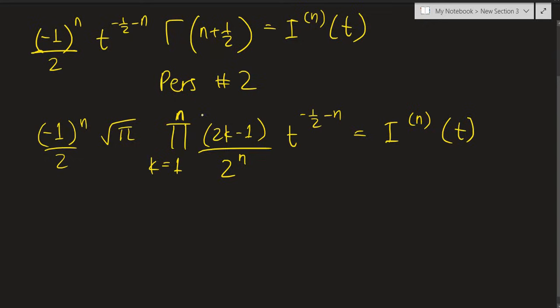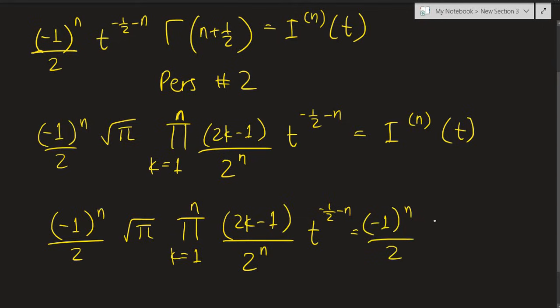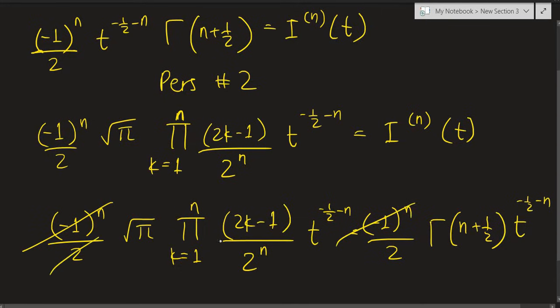So it's time to equate these two, right? Equating these two, we have negative 1 to the n divided by 2 times square root of pi times product from k equals 1 to n of 2k minus 1 divided by 2 to the n times t to the negative half minus n is equal to negative 1 to the n divided by 2 times gamma of n plus half times t to the negative half minus n. Now notice that all these crazy worrisome terms are going to cancel out.